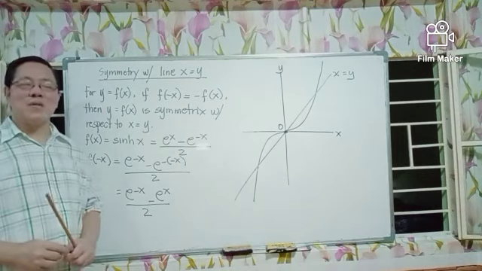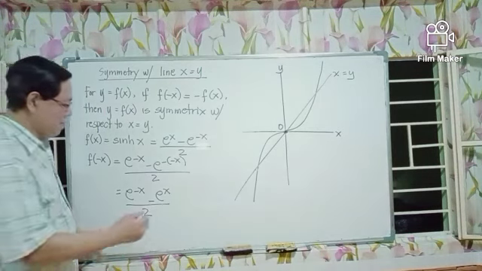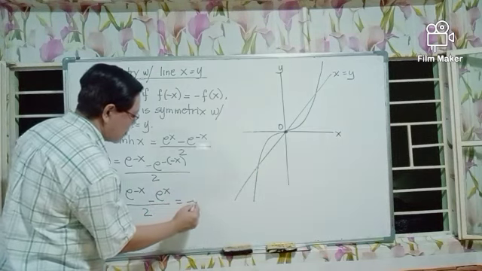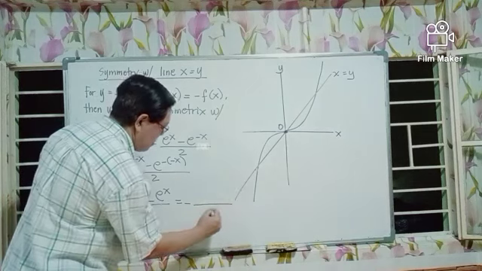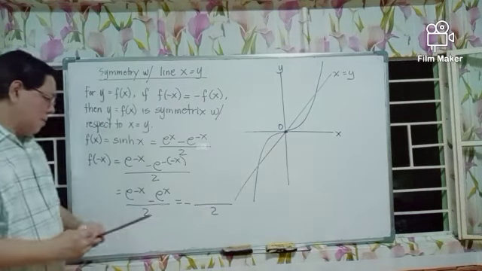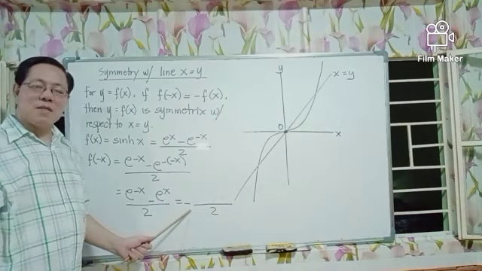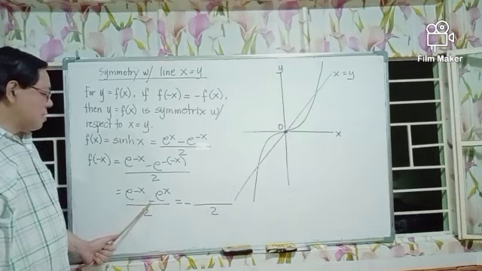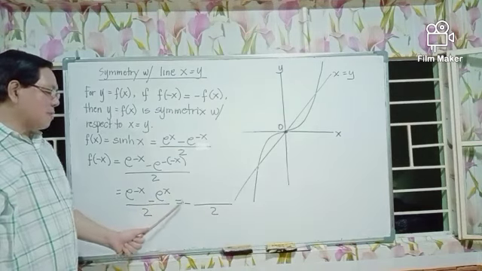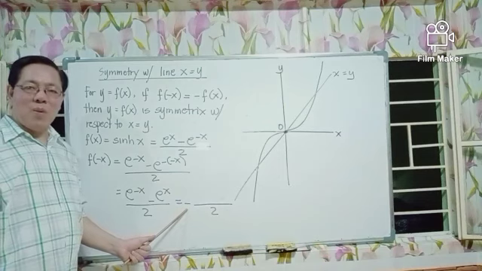Now we factor out negative, or minus, from each of these terms. This is positive, divided by negative is negative e to the minus x. And this is negative e to the power x, divided by negative, it becomes positive e to the power x.